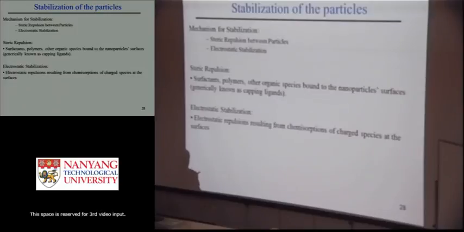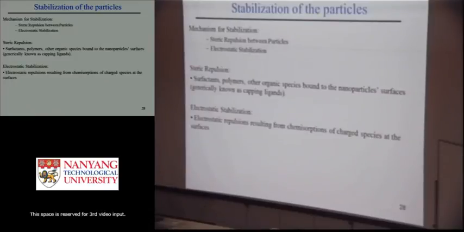Let's say chlorine ions attach on the gold nanoparticle. Then, sorry, that's the negative charge. So all negative charge. Then when the nanoparticles get close to each other, you form a repelling force. That's the electrostatic repelling, and that will make the nanoparticle stable. So this is the electrostatic stabilization process. This gives you an explanation of how the nanoparticle can be stable.